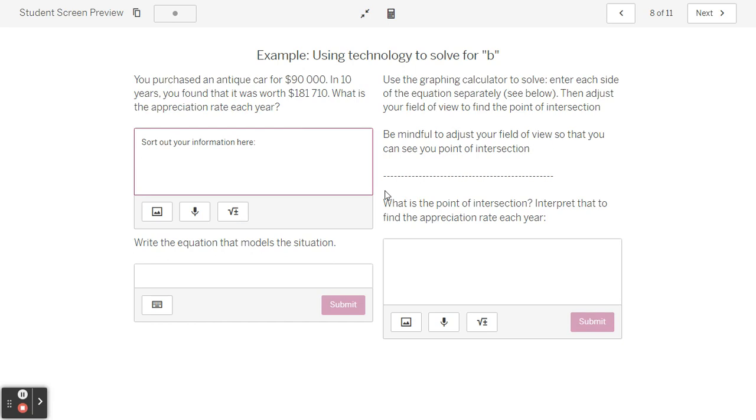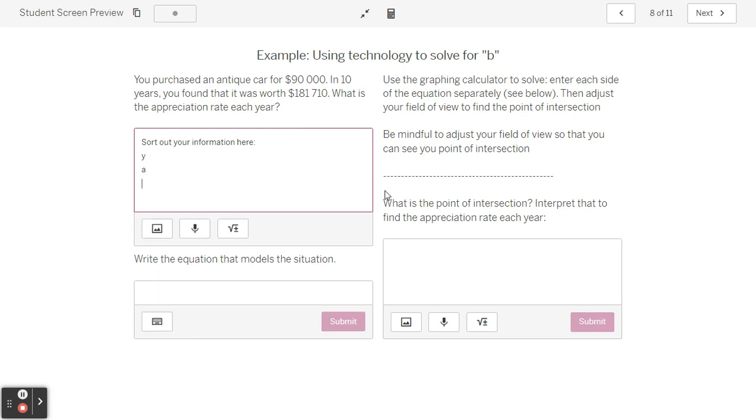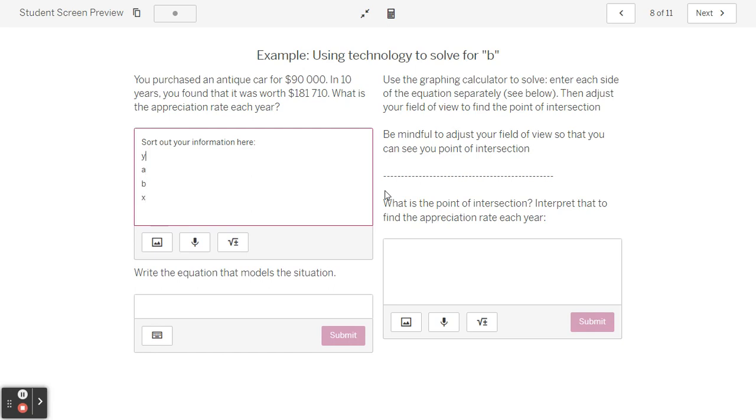Let's sort out the information we have: Y, A, B, and X. Y is the final amount or the final value of the car, $181,710. A is the original amount. The car initially was worth $90,000.